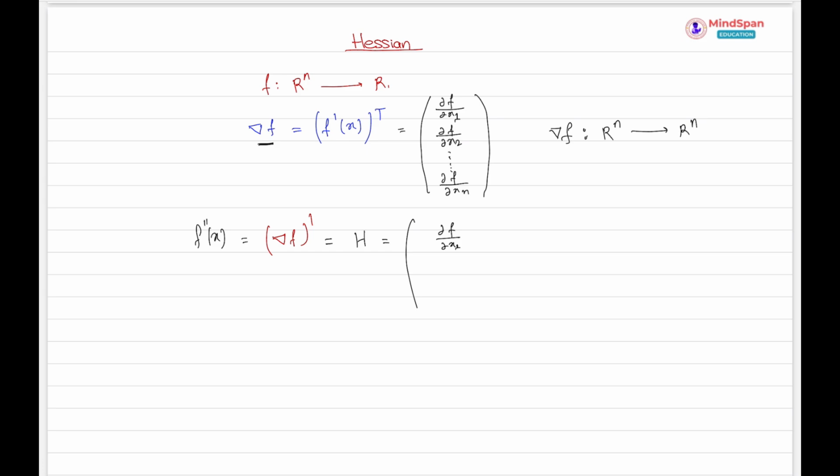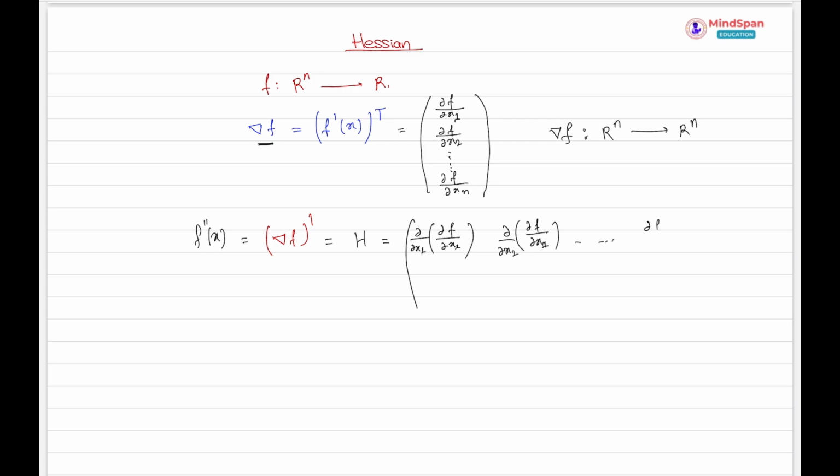And you will simply take the partial derivative of this function with respect to the first variable, right? And again you will take the same function, that is f1, and you will take the partial derivative of this function with another variable, right? And so on you will do.